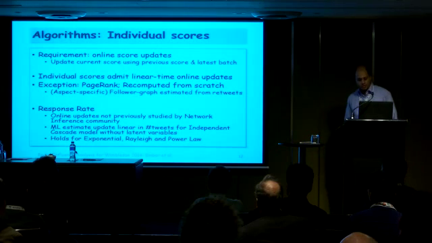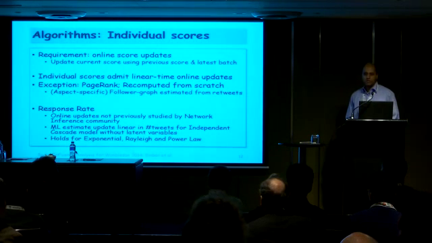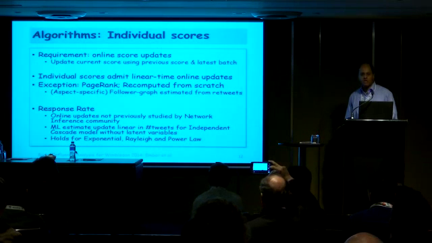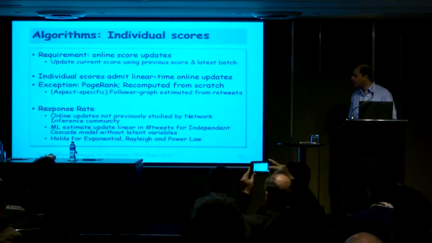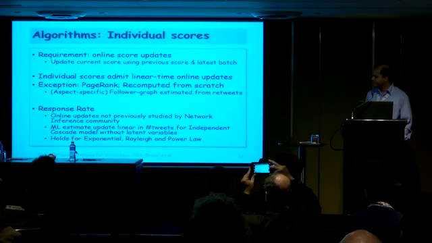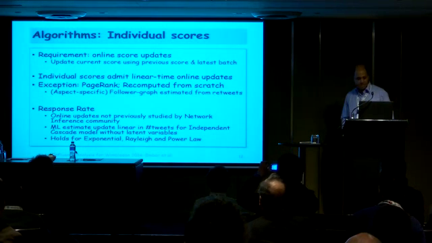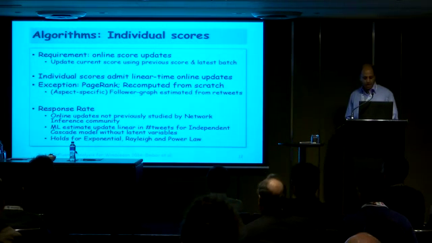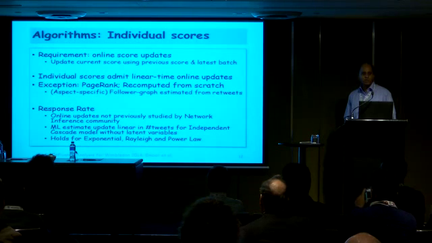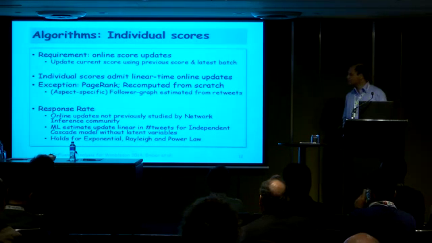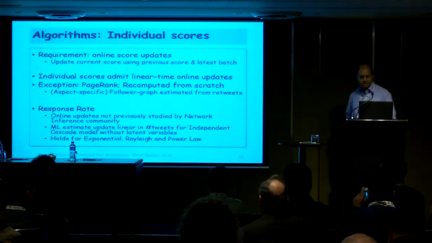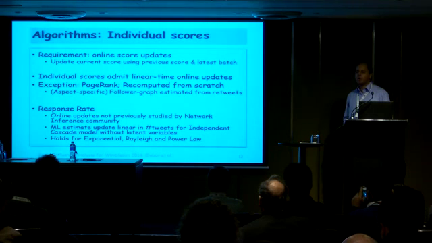Now, coming to the algorithms that we had to come up with to compute these influence scores from data. So again, the color will come up at some point, I'm guessing. Anyway, what we wanted from the algorithms was that they ideally had to be online.